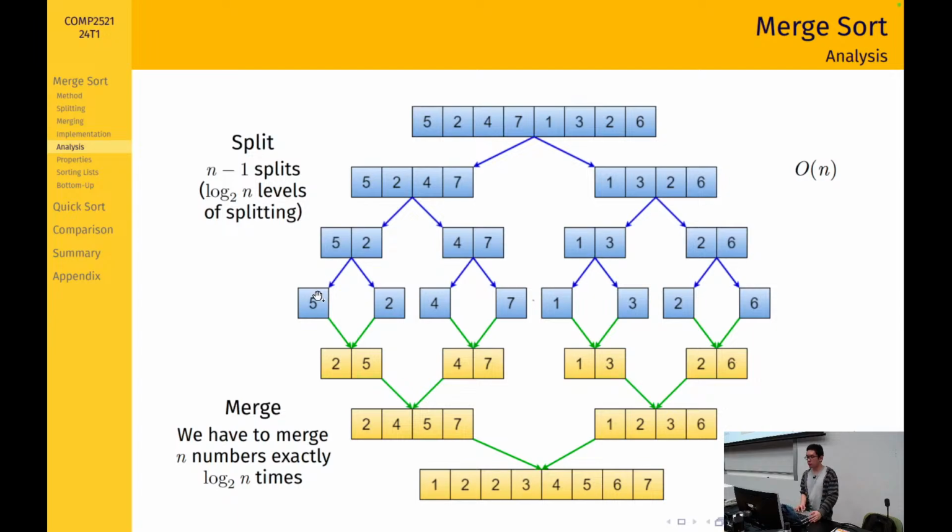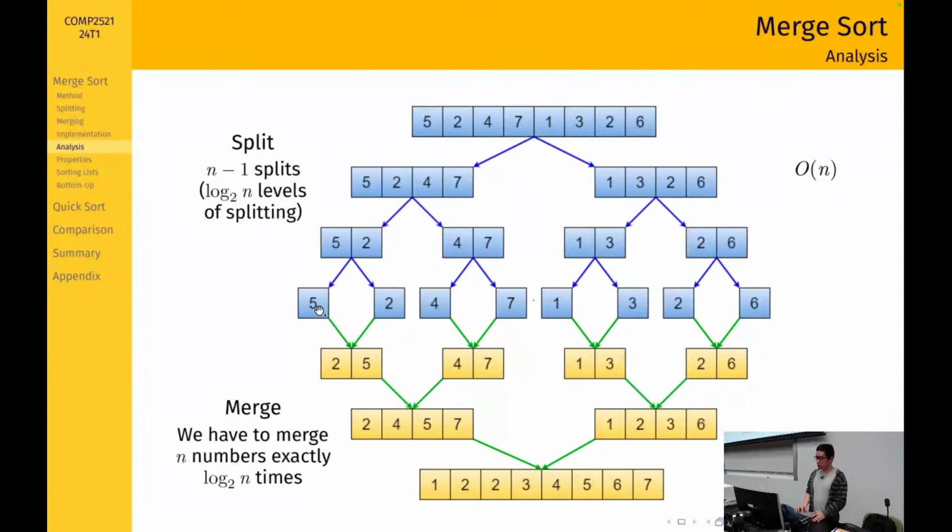And also we have to figure out how many comparisons we perform across each level, right? If we start with an array of size n, then there are going to be about log n levels of recursion, right?